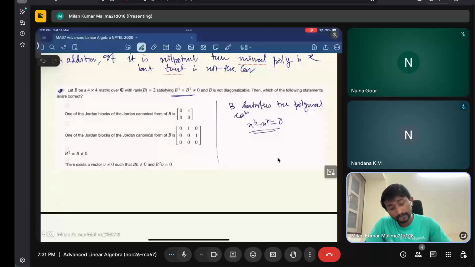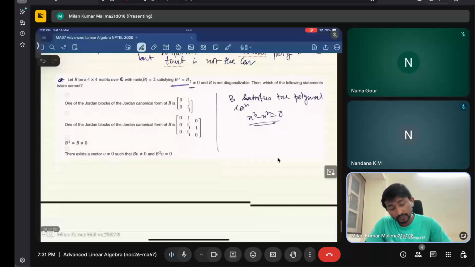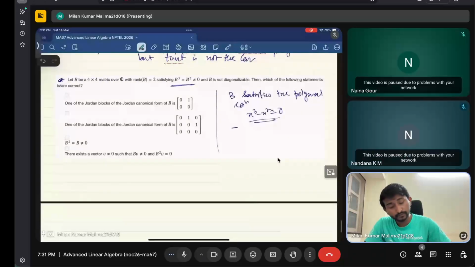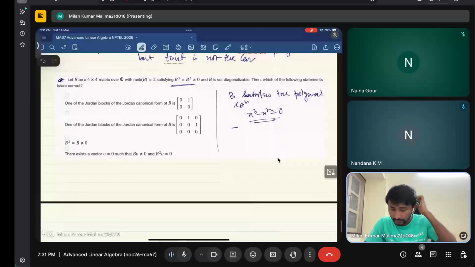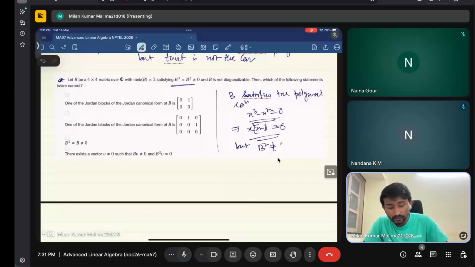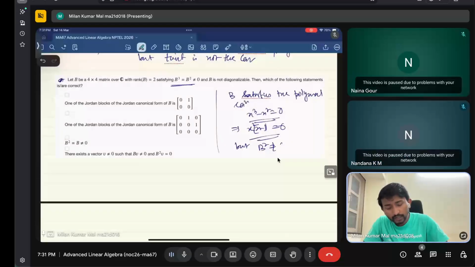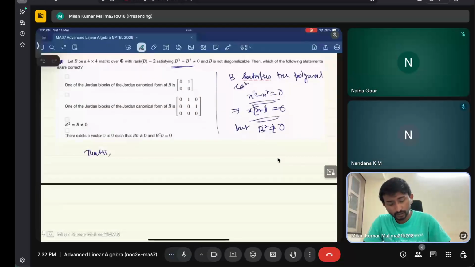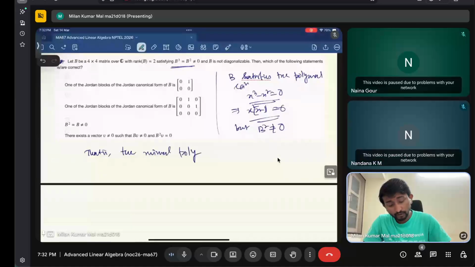But B squared is not equal to 0, right? So what are the possible choices of minimal polynomial for B?